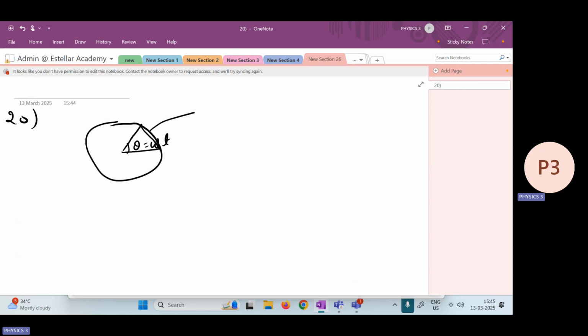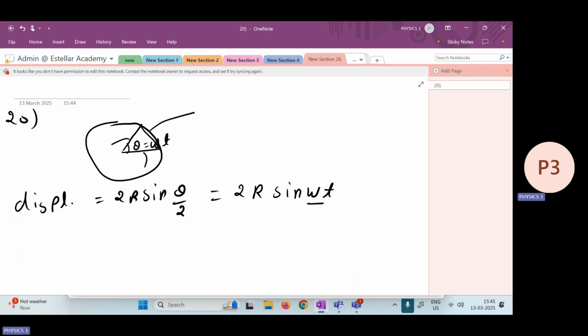So it is just the subtraction of these two vectors, and these vectors are of equal magnitude. We know that the magnitude of the subtraction of two vectors of equal magnitude is given by 2r sine theta by 2. So that would be our displacement. In place of theta, we can put omega t. So it would be 2r sine omega t by 2.